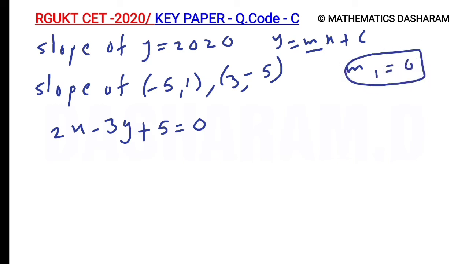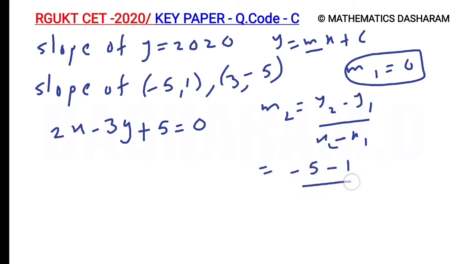Next, to find the slope of these 2 points, we have a formula: y2 minus y1 divided by x2 minus x1. Let's substitute y2, y1, x2, x1: y2 minus 5 minus 1 divided by x2 value 3 minus of minus 5. So it equals minus 6 divided by 3 minus of minus 5, which is 3 plus 5. 3 plus 5 is 8.